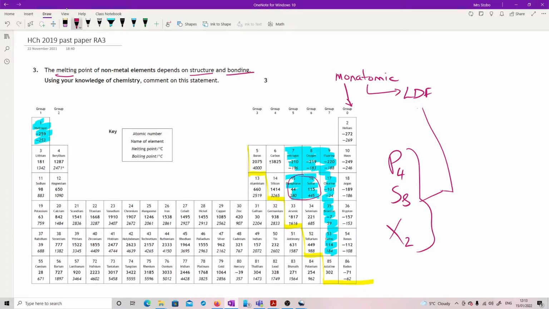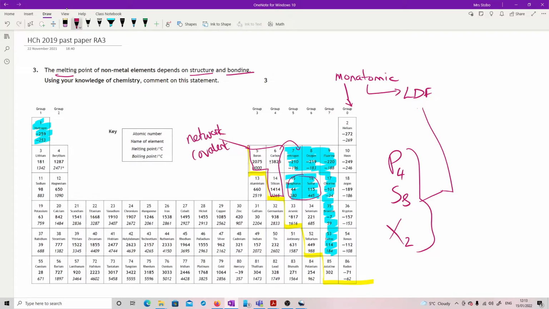Okay, and then your last one that we need to discuss is these 3. Now actually carbon can also be in this one because we have discrete molecular covalent forms of carbon. Your fullerenes, C60 being your kind of most common one. But in these 3, that little triangle here, what we now have is network covalent.